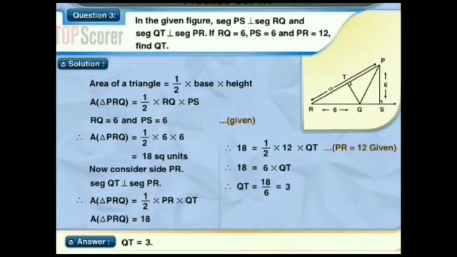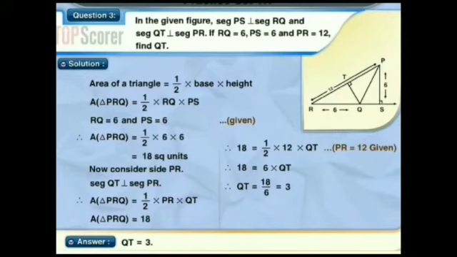Now we have to consider the base or side PR. So turn the figure. You will see the second triangle with the same name and with different height and base. So area of triangle PRQ is equal to half into PR into QT.